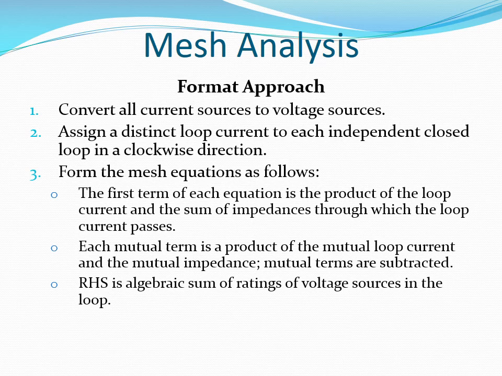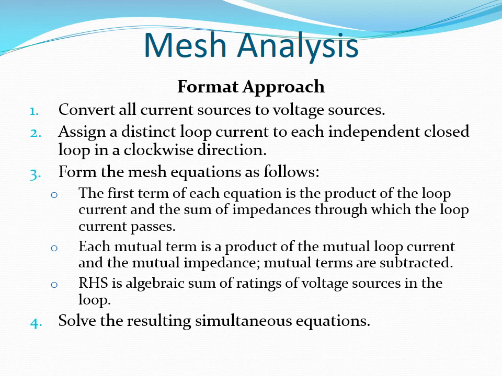Subsequent terms are mutual terms. Each mutual term is a product of the mutual loop current and the mutual impedance. Mutual terms are subtracted from the first term. The right-hand side is the algebraic sum of the ratings of voltage sources in the loop. 4. Solve the resulting simultaneous equations for loop currents.